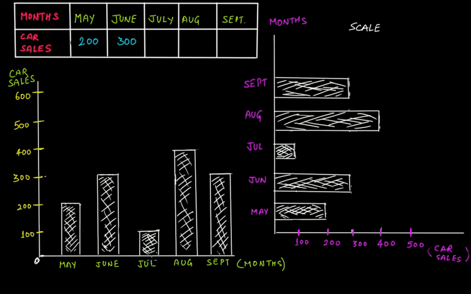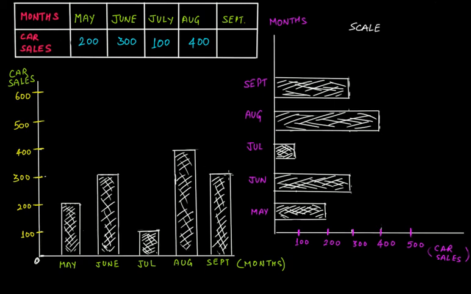This is the July bar. So the end point or the tip of July is placed against the 100 point. So this is 100. For the month of August, my bar goes all up to here. The end point or the tip is at what? It's at 400. So I'll write 400 here. If I look at this one, the bar goes all up to here.